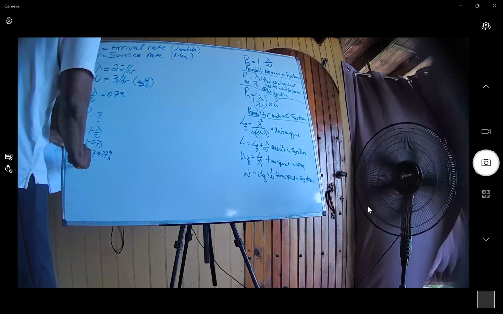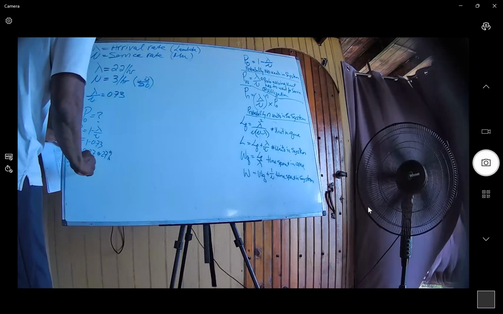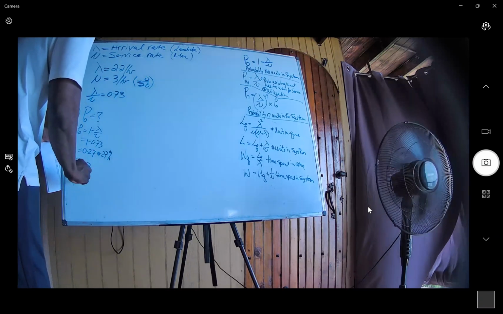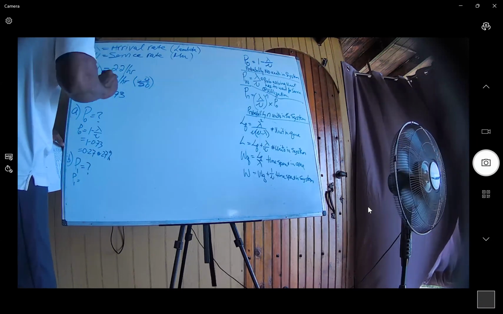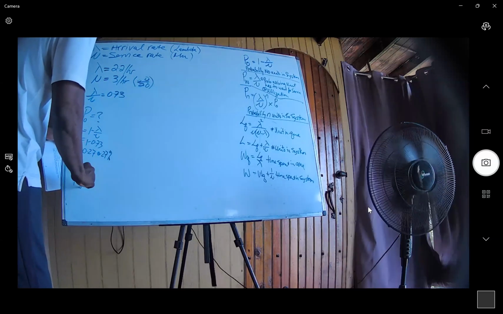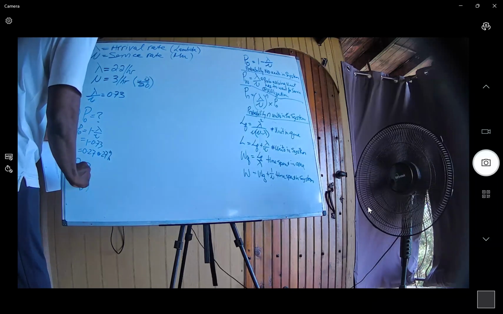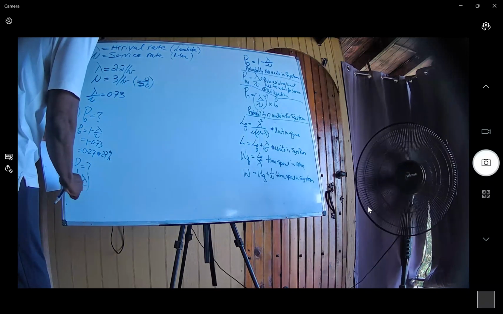So trying to find P of 1, and that is equal to lambda over mu to the power 1 times P naught.